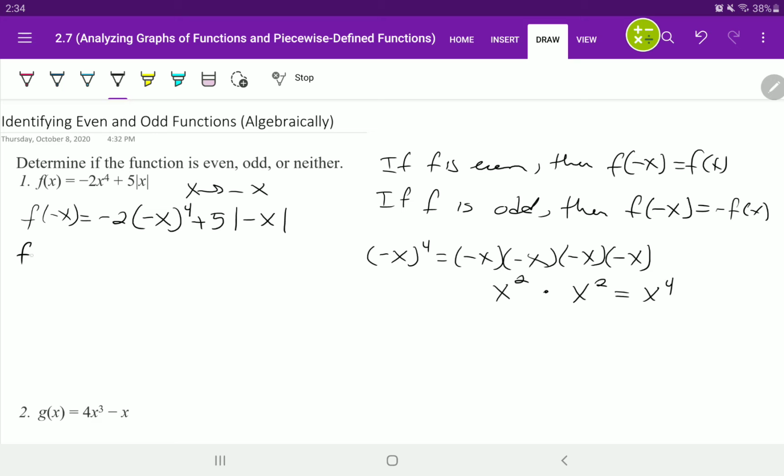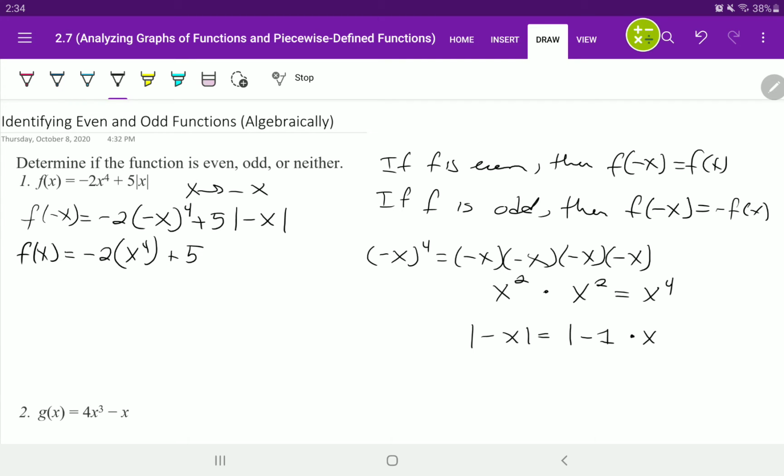So I have f of negative x equals negative 2 times x to the fourth plus 5 times. Now remember this from the first video of the test for symmetry. When it comes to the absolute value of negative x, any value that is negative inside the absolute value comes out as positive. I can also write this as negative 1 times x inside the absolute value. X is arbitrary, which means it can assume any value.